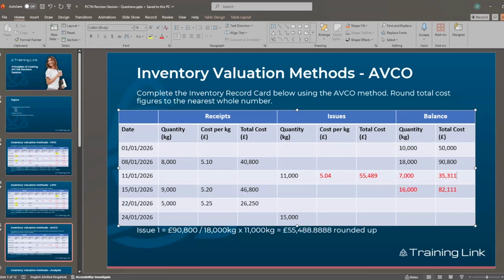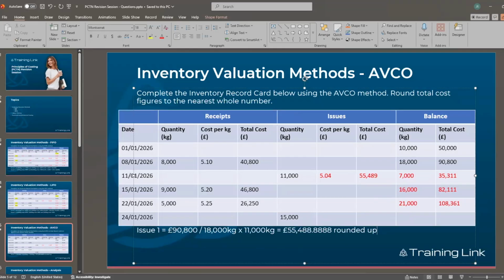Okay, so adding those together, 16,000, and we've got another 5,000 there, so that takes us to 21 again. Add the total cost for that amount onto what we've already got. It should give us 108,661.